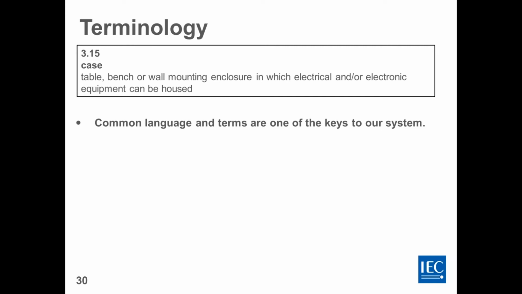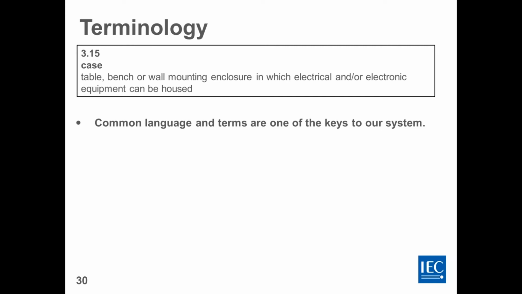And the Electropedia, which is the International Electrotechnical Vocabulary, is curated by IEC Technical Committee 1, which deals with terminology, and their job is to ensure that we have a common language for use in standardization.